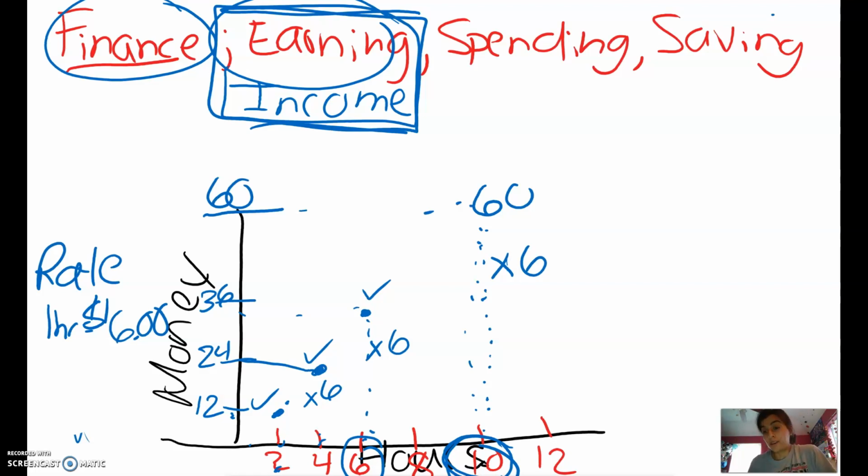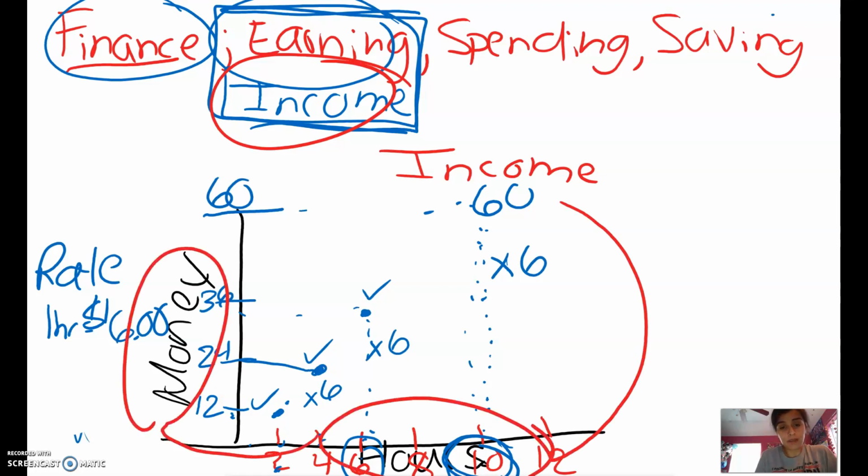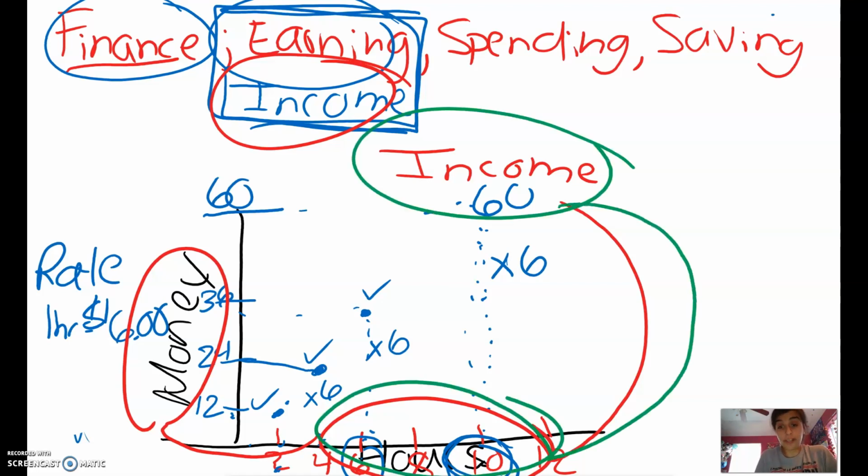So I'm just going to conclude like that. I know I did a little bit with the graph, so I'm going to repeat income. This is all telling us about the income of one's wage. It's based on the amount of hours they work in order to get the money.